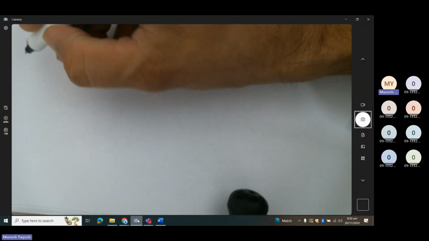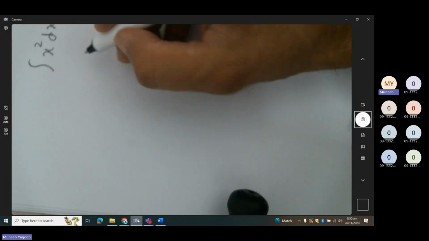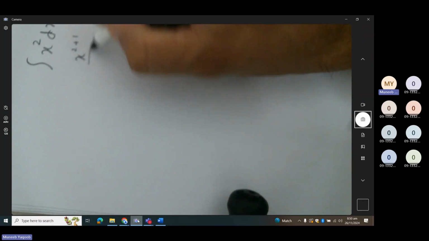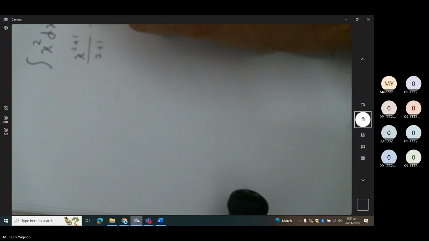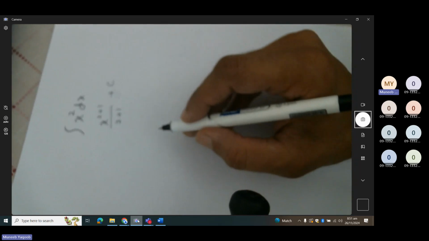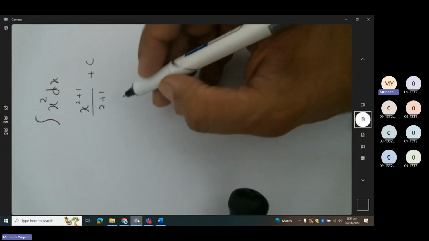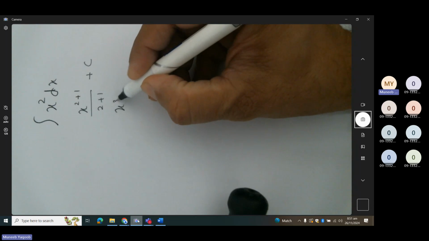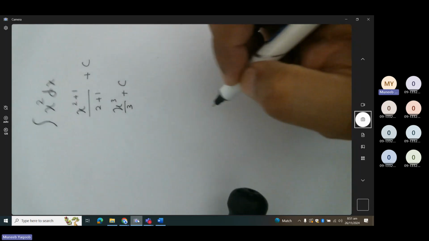Okay, so if we are to integrate x square dx, what we will do is add 1 to the power and then divide by the same factor. So integral of x square dx is basically x power 3 upon 3 plus constant of integration.